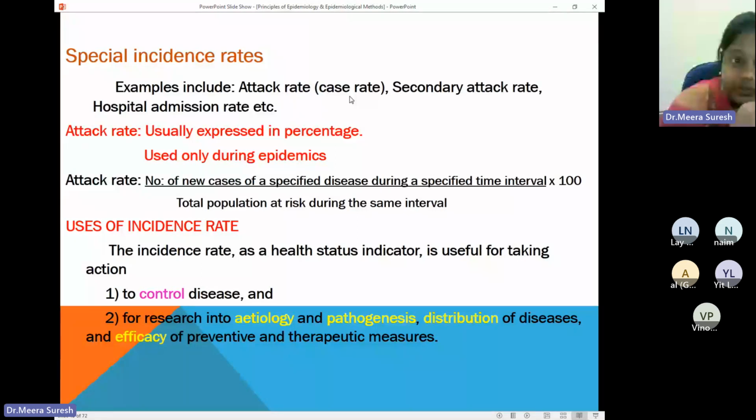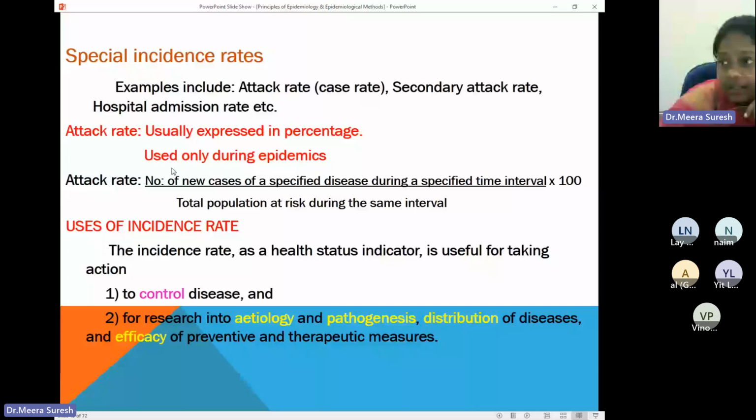So understand the difference. One is about the death rate, the case fatality rate, where the term fatality indicates death. And the attack rate, which can also be called case rate, is about the incidence, the morbidity. The persons have not died here, they have just developed the disease. That is why I put it here.